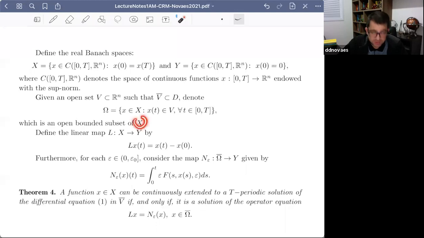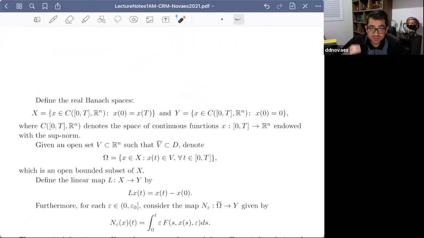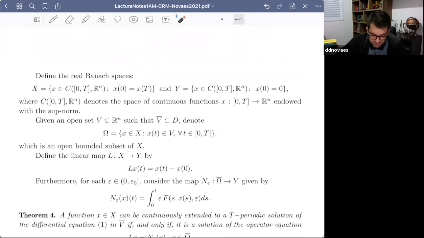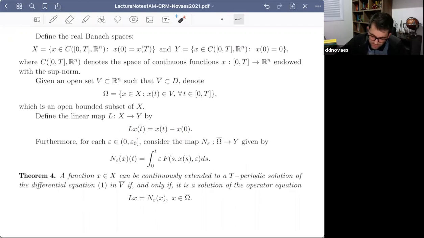And in this set, we define this linear map that I have introduced before, but now defined in a smaller space. Okay, so L of x evaluated at t is equal to x of t minus x of 0. And also we introduce this nonlinear map, but now defined in the closure of Omega, which is given by the integral between 0 and t of epsilon f of s, x of s, epsilon ds.